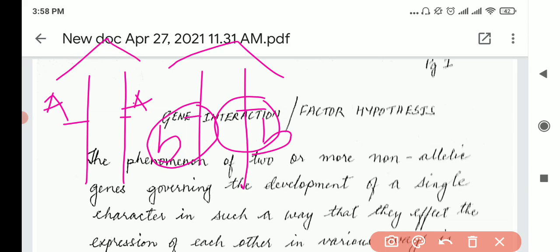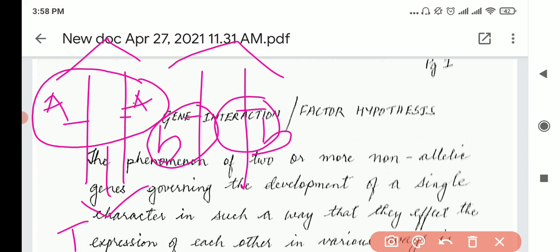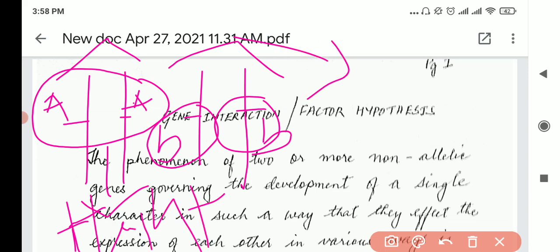Similarly, A, they are both on homologous chromosomes and they're both located at the same locus, and this A and A, they give us some phenotype, some trait. Okay, let's say tall, height. And then this B, let's say it's giving some trait, let's say color. So we know that alleles, they are an alternative form of the same gene, and they have to be present on the homologous chromosome and at the same locus.